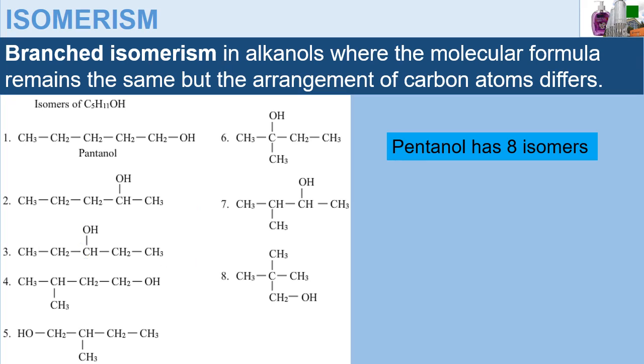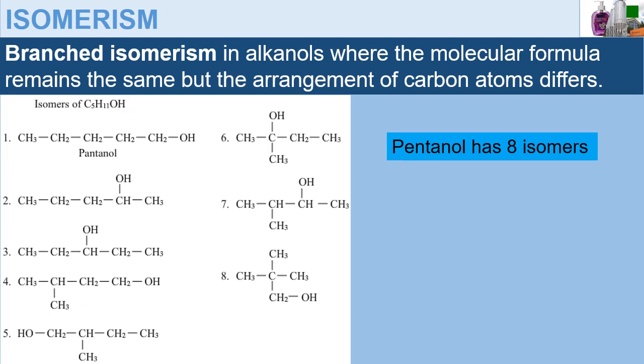When we move to the fourth example, this one is an example of a branched isomer of pentanol, because we have a branch, a methyl branch in the longest chain. Therefore, even though the molecular formula still remains the same, the arrangement of carbon atoms is different.